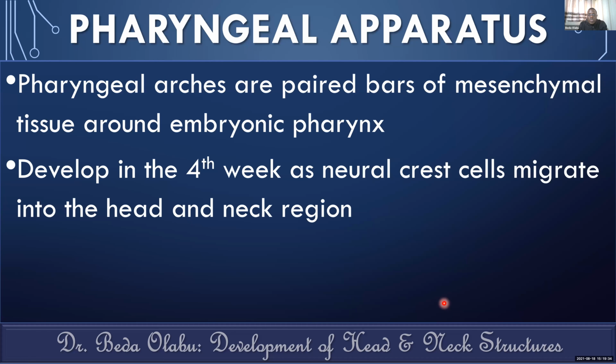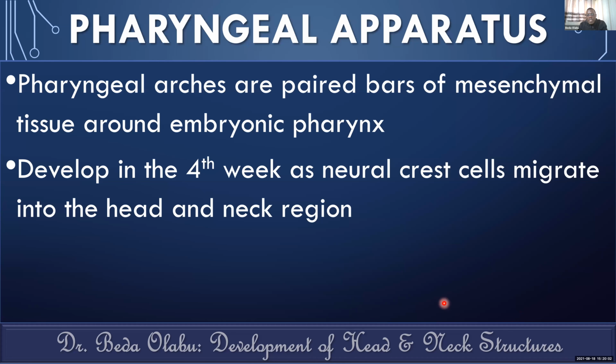This growth occurs largely around the 4th week of embryonic development when neurocrest cells migrate into the head and neck region, which means that this mesenchyme is partly of neurocrest origin, in as much as this mesenchyme is also from mesoderm origin.